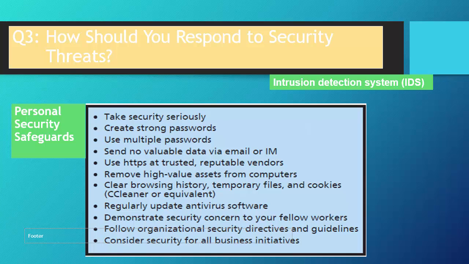If you have things on your computer that people would want to steal, try to back those up and remove them from your computer. You also want to clear your browsing history every once in a while. This frees up space for you and also gets rid of those cookies. There's a nice little program that can do this for you called CCleaner. You can run some cleanup steps.